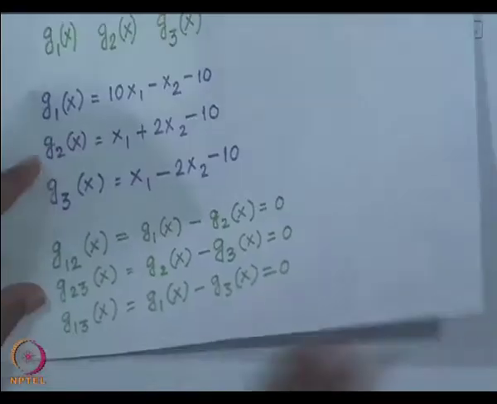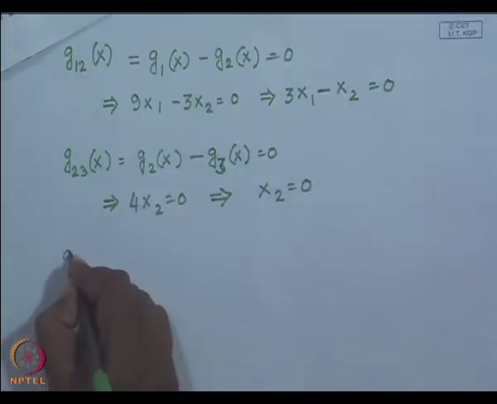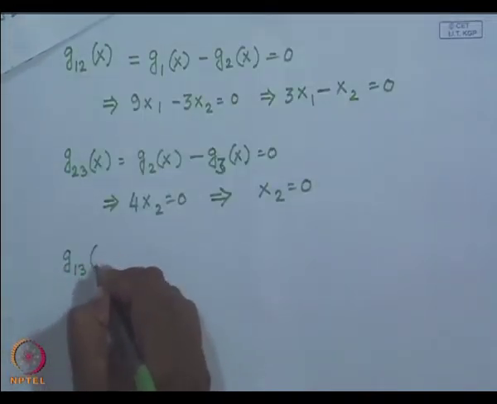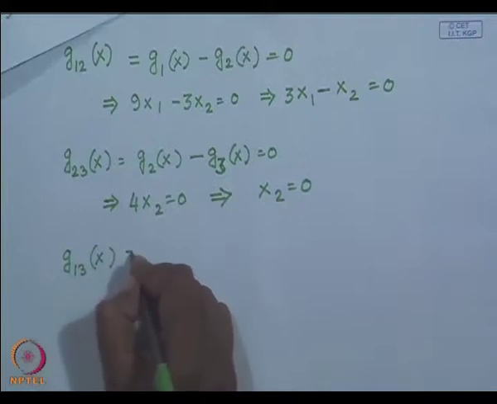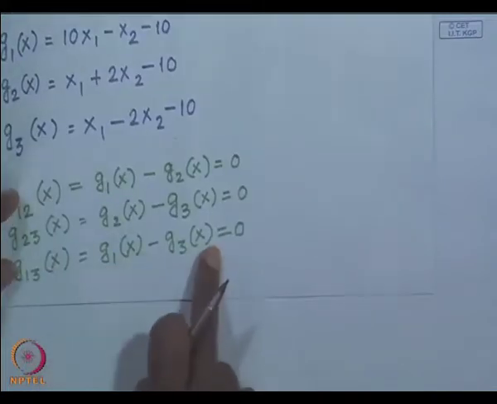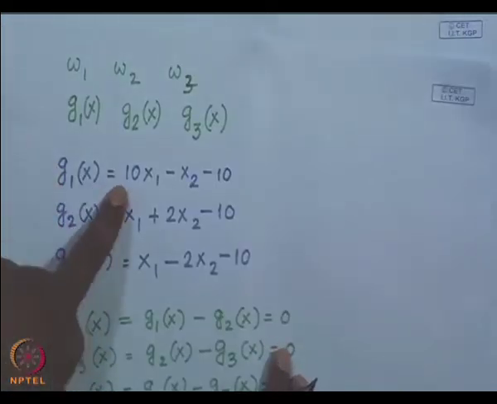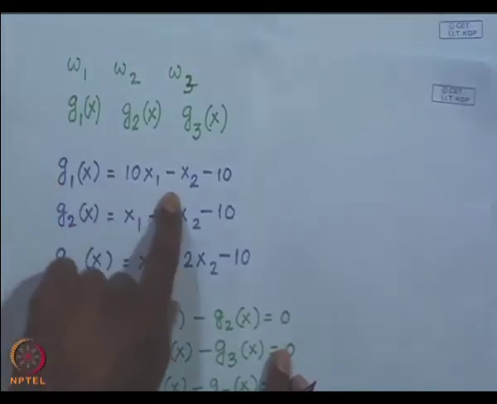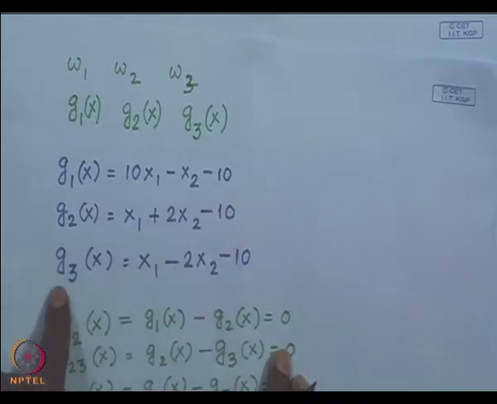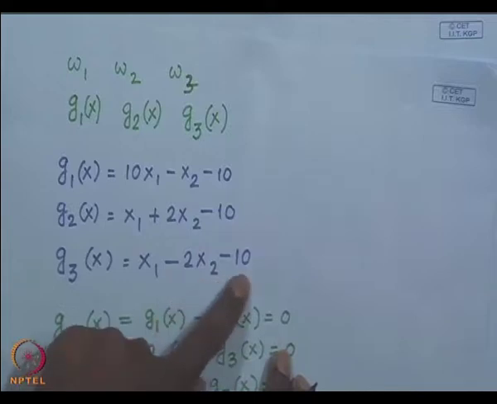Similarly, when I compute g13x, which is g1x minus g3x, g1x is 10x1 minus x2 minus 10, minus g3x, which is x1 minus 2x2 minus 10.